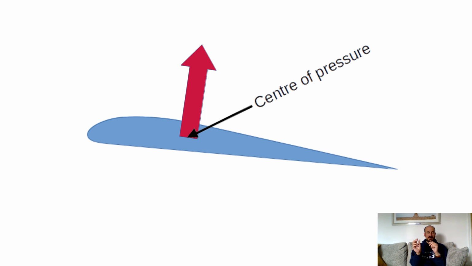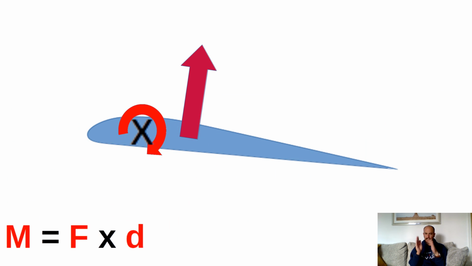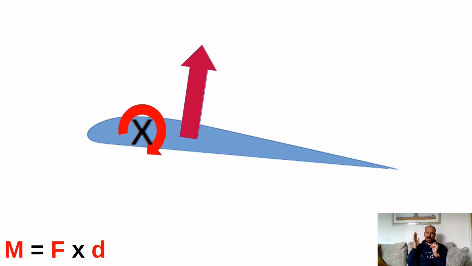So let's just consider if we pick a point somewhere in front of where the lift is being created, so somewhere in front of the centre of pressure. Now we calculate our moments around that point. The moment around that point is the multiplication of the amount of lift that you're creating and the distance that the centre of pressure is away.